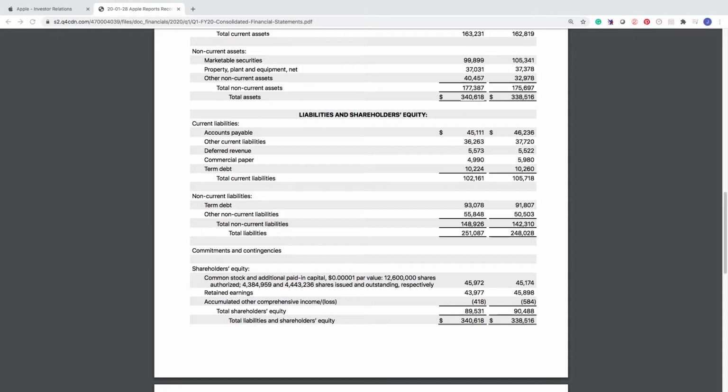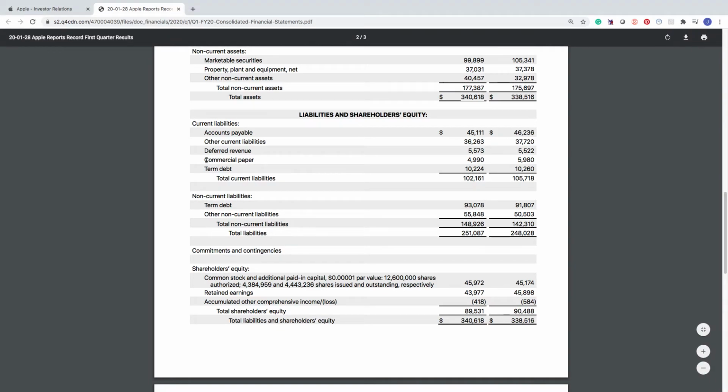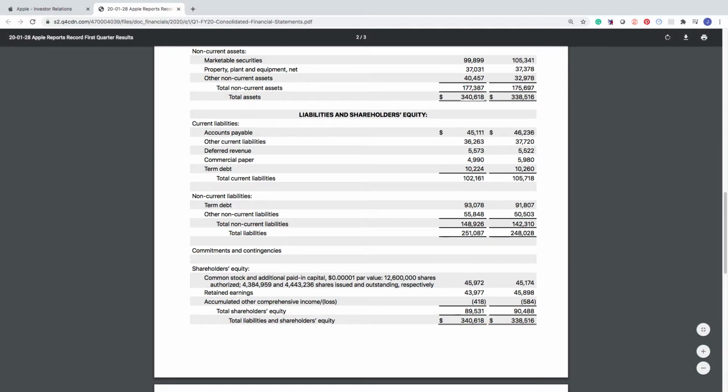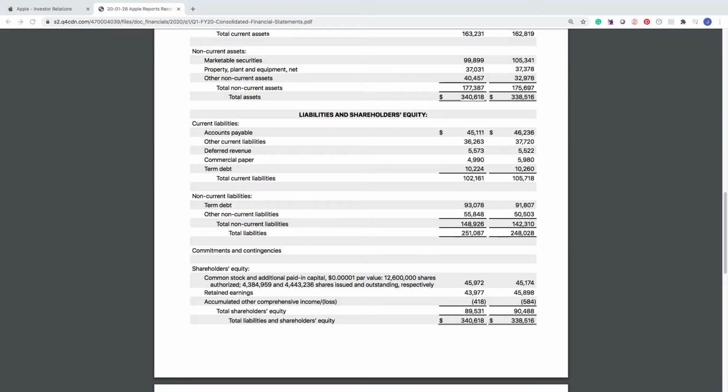So, in the case of Apple, it has a total debt of 10 billion, and it has commercial paper, which is another kind of debt of around 5 billion. So if you sum those up, it basically tells you that around 15 billion of debt is what Apple has raised from the debt markets to build its operations.